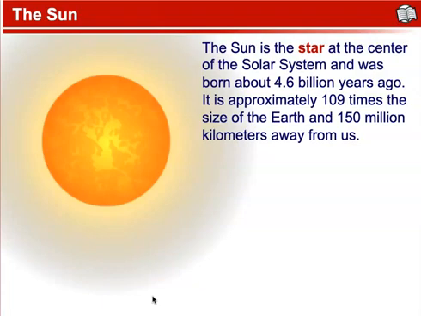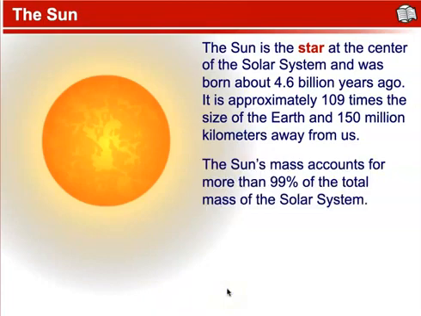It is approximately 109 times the size of the Earth's diameter and 150 million kilometers away from us. The sun's mass accounts for more than 99% of the total mass of the solar system.